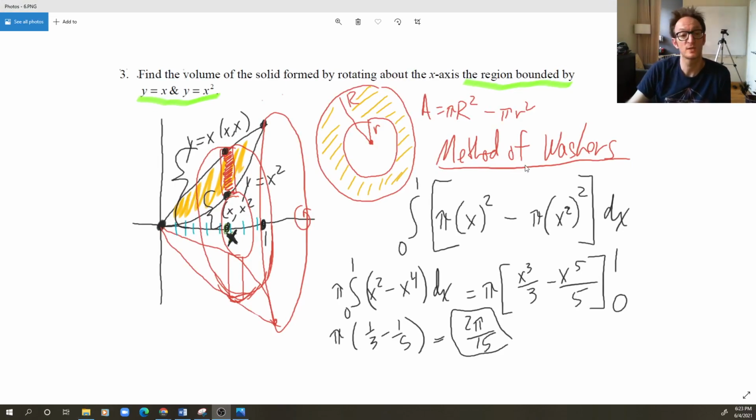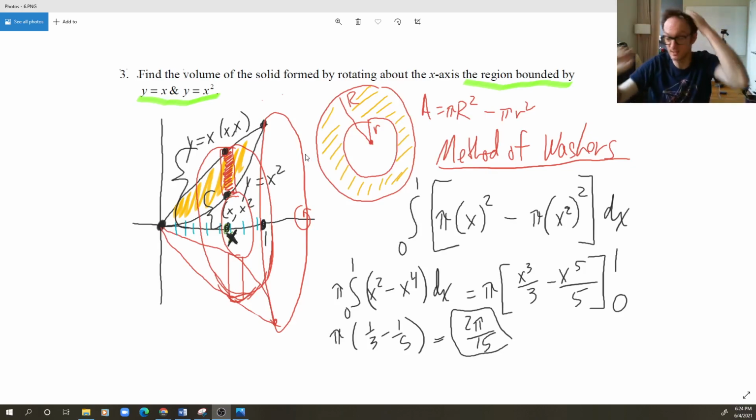Yeah. So this is a picture I took. This is a screenshot from the Jamboard from class. I believe this is period 4, and this is the problem we did with washers, where we took the line y equals x and y equals x squared, where you rotated about the x-axis. So, okay, to me this is relatively clear what's going on, but if it helps you, why not use technology?